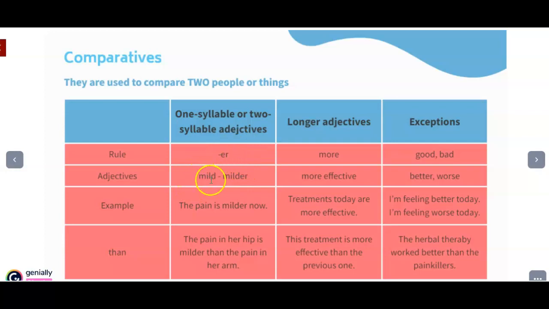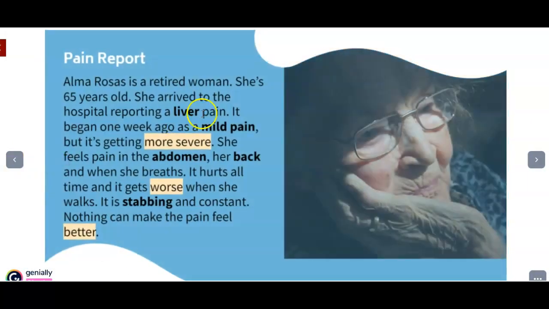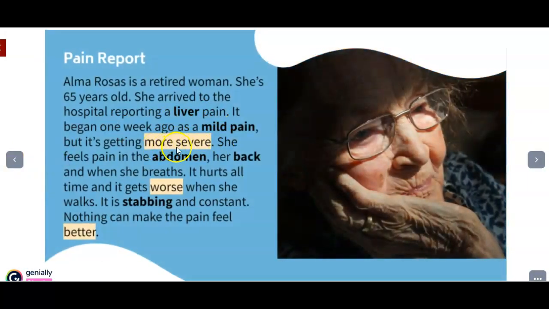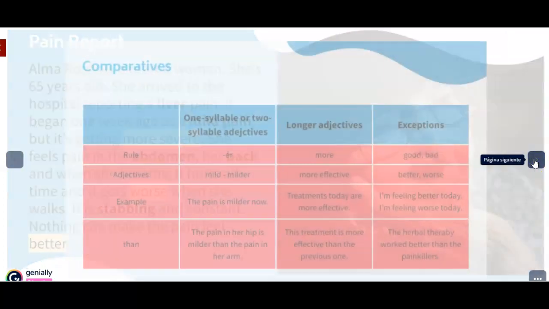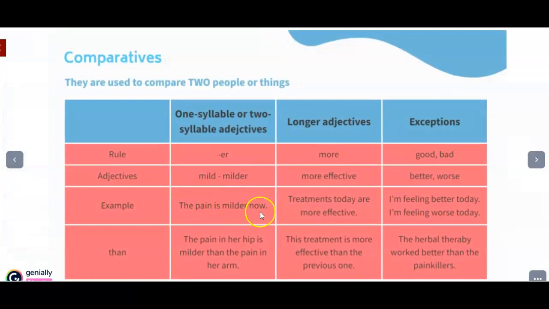For example, mild will become milder. Here we have an example. The pain is milder now. Or you can also use the expression with the suffix er and then than. In this case, if you observe, it is similar to what we have here in the presentation because we are just reporting the pain, for example, but it's getting more severe. The pain is milder now.